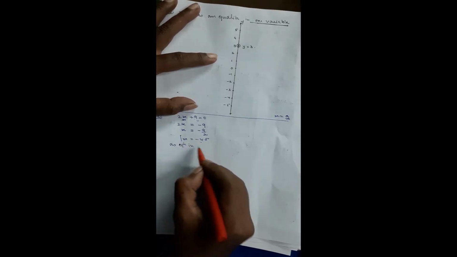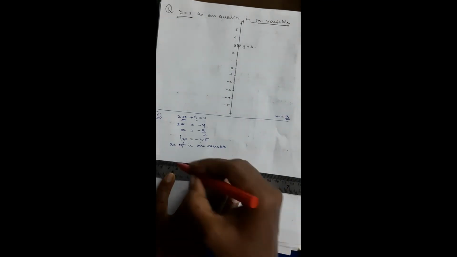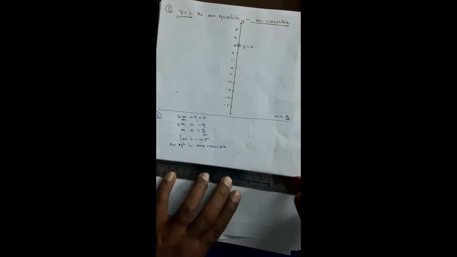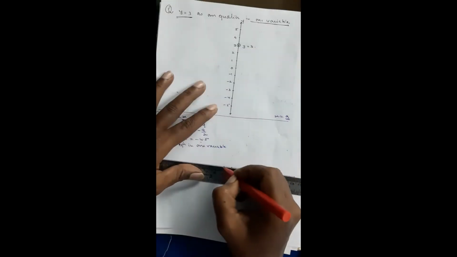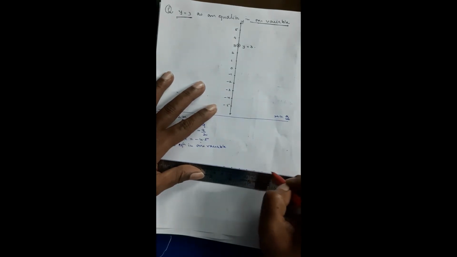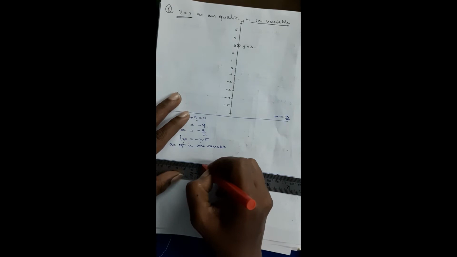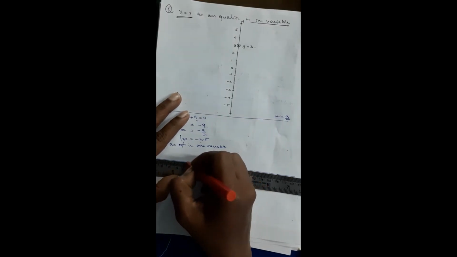As an equation in one variable, what I'll do is draw one axis, because one variable means only one axis. So here I'll take this as 0, 1, 2, 3, 4, 5, 6, 7, and here minus 1, minus 2, minus 3, minus 4, minus 5, minus 6, minus 7.